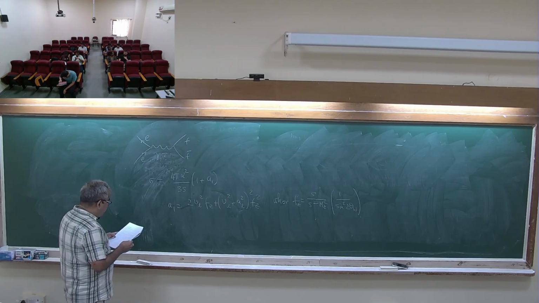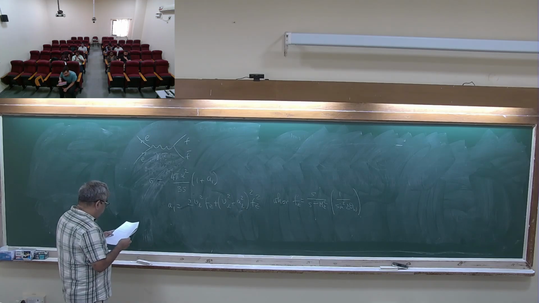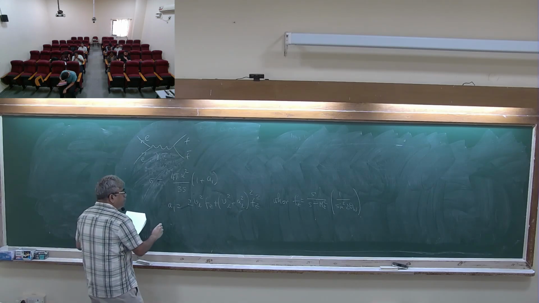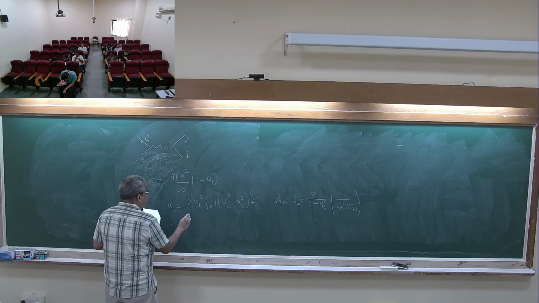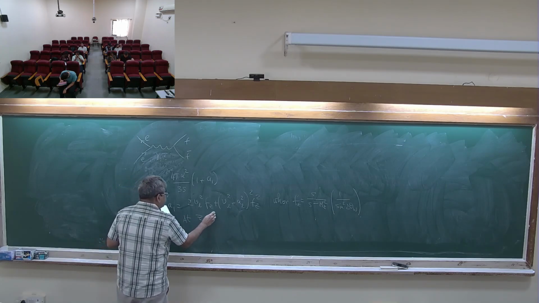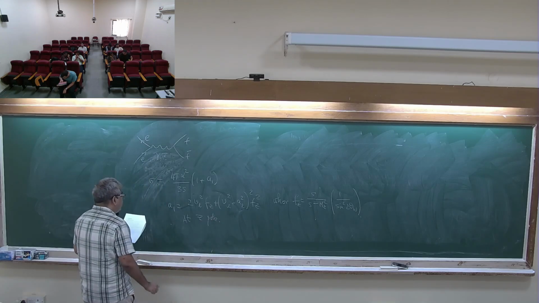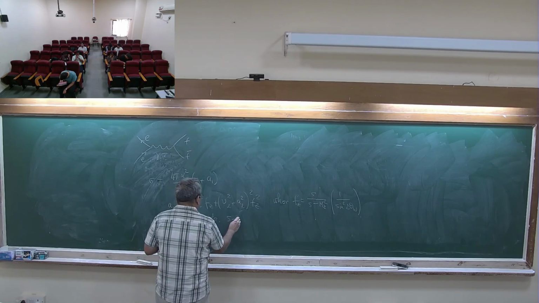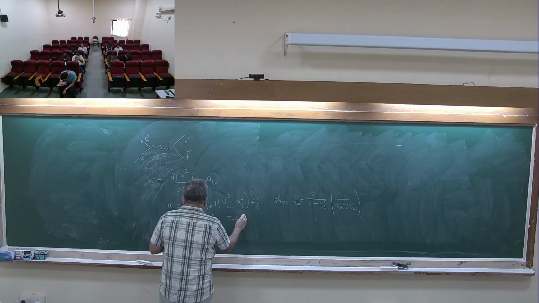So we can play around with this at the Z pole. So s is equal to mZ squared.